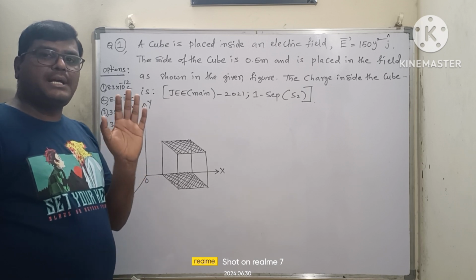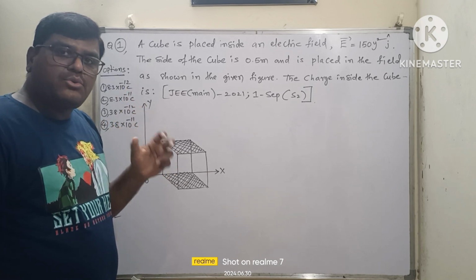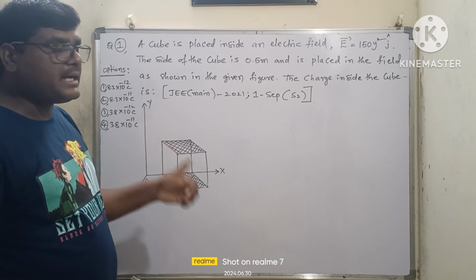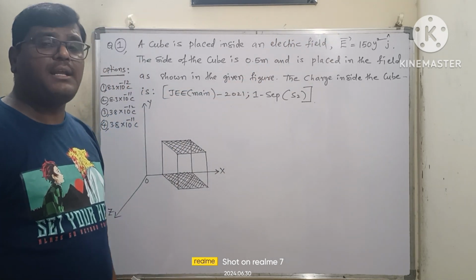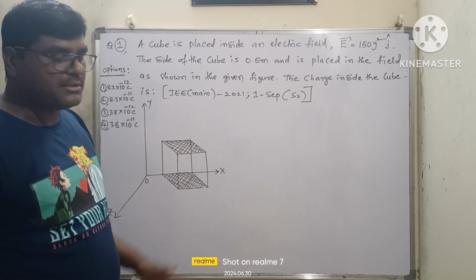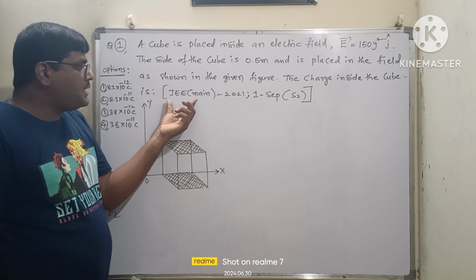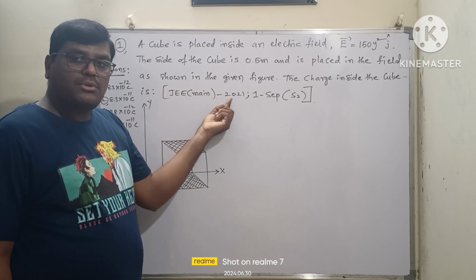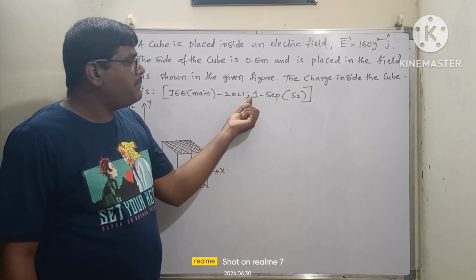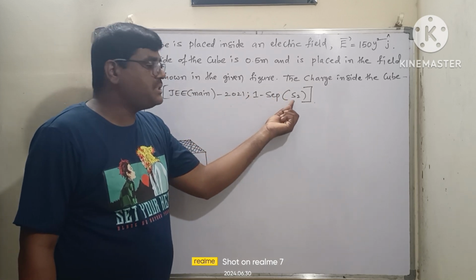What is the charge inside the cube when the cube is placed in an electric field of E bar equal to 150 y square along the positive y direction? This is the JEE Mains question from the 2021 September second session.